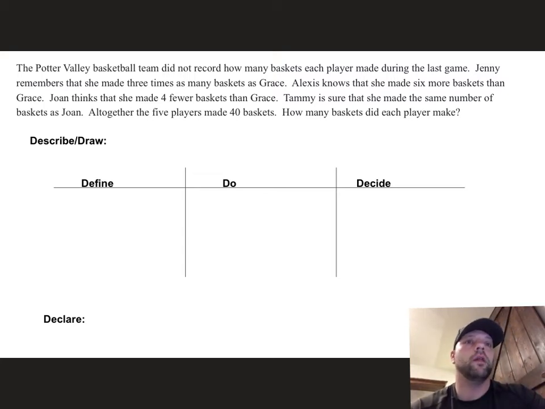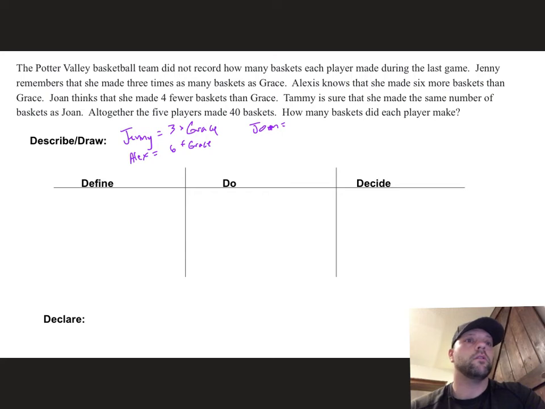Okay, so now we should probably write down our important information. So we have Jenny, and she remembers that she scored 3 times as many as Grace. So 3 times Grace. And then Alexis knows she made 6 more baskets than Grace. So 6 plus Grace. Joan thinks she made 4 fewer baskets than Grace.